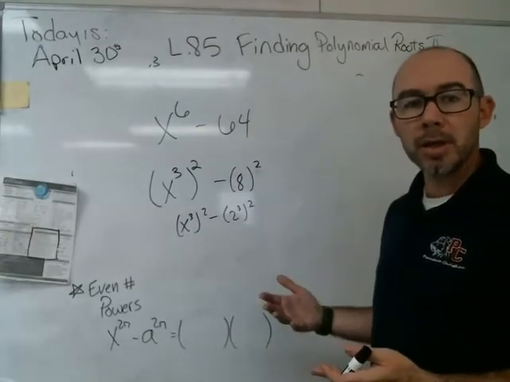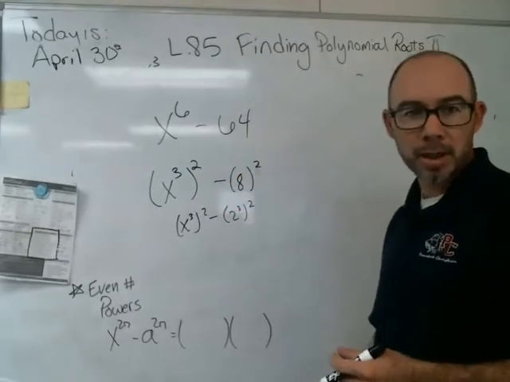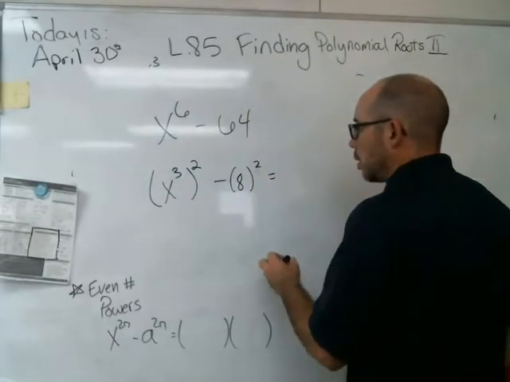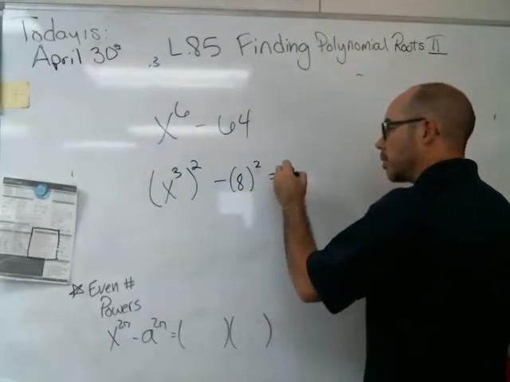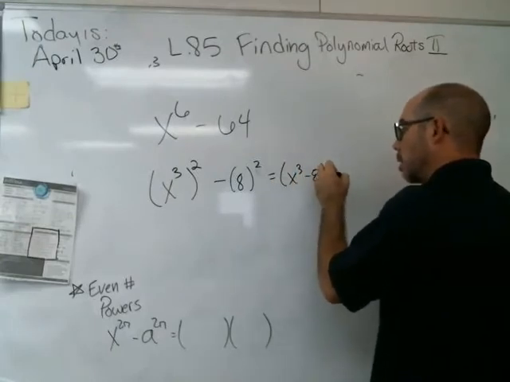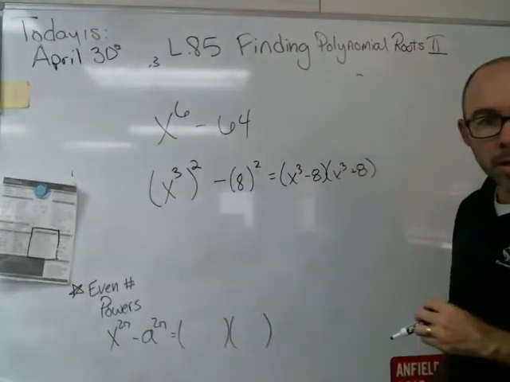But really, all I need to do is write it as something squared minus something squared. Now I'm looking at the difference of two squares. So the difference of two squares would be this one minus and this one plus. Does that look familiar?